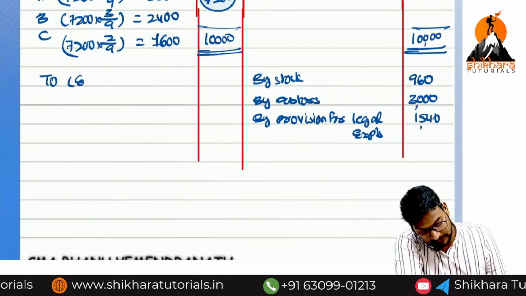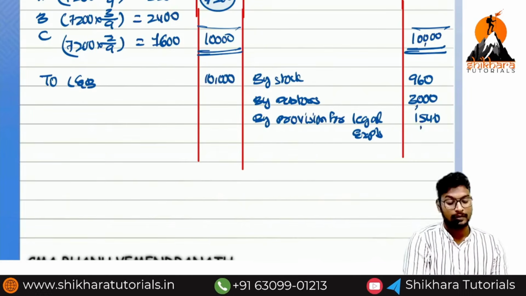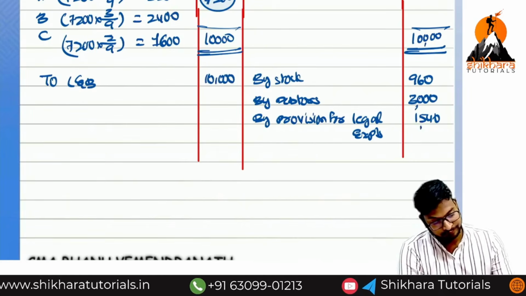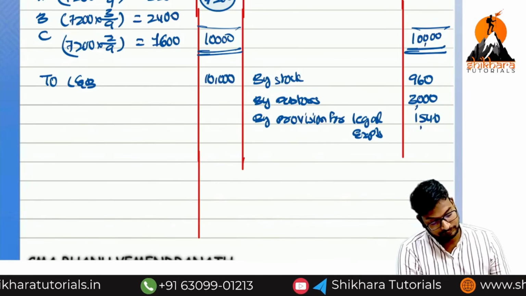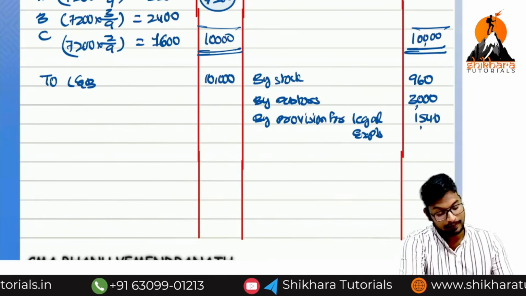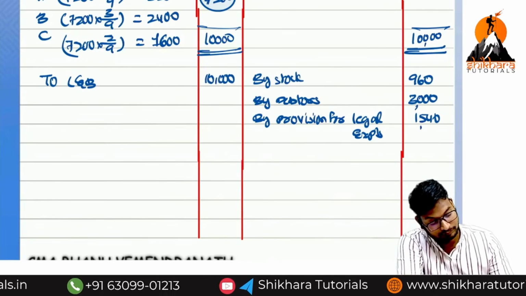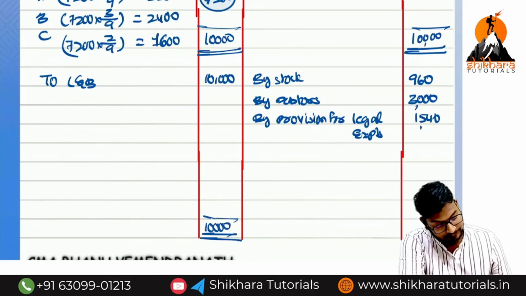To land and buildings, 10,000. So total will be the same, 10,000. Balance. So 10,000, 7,200.